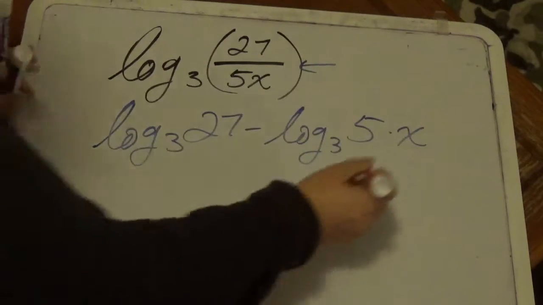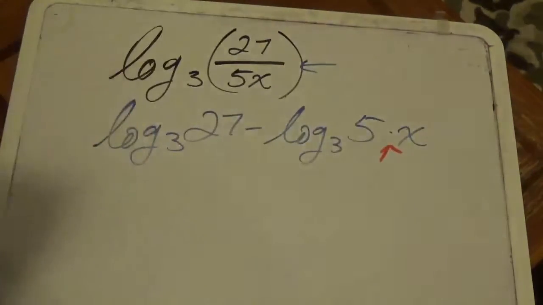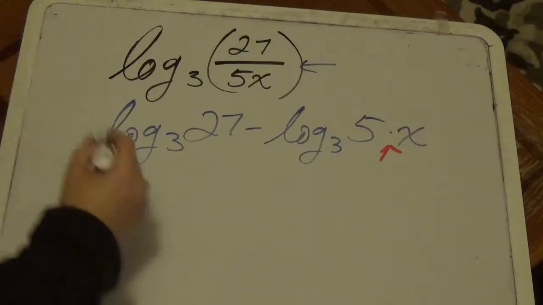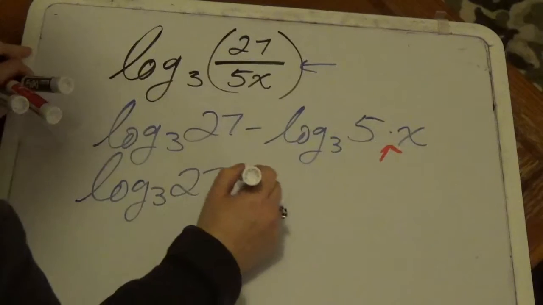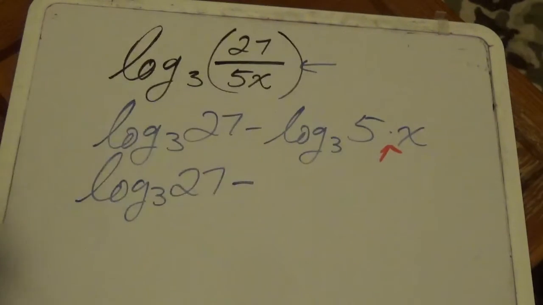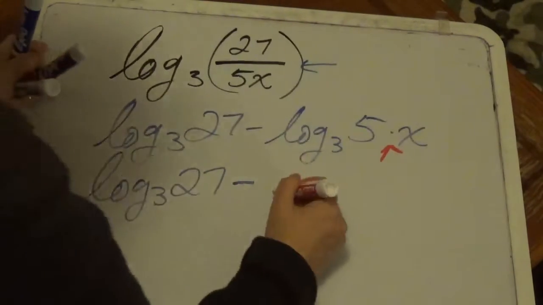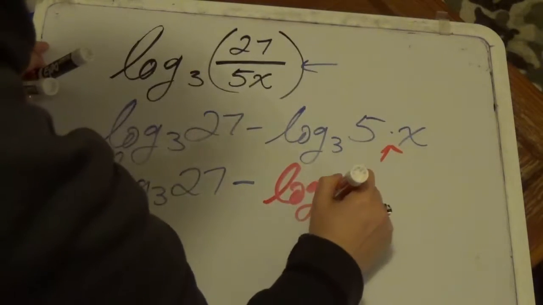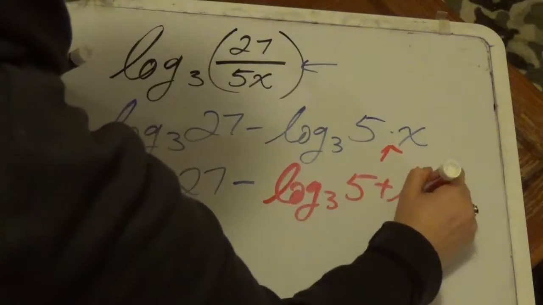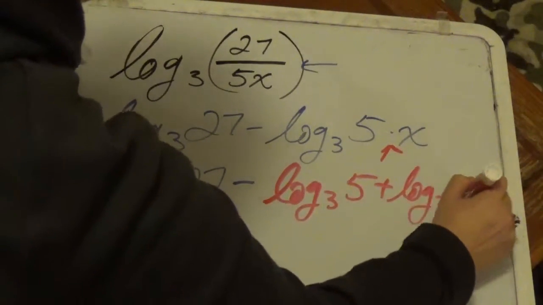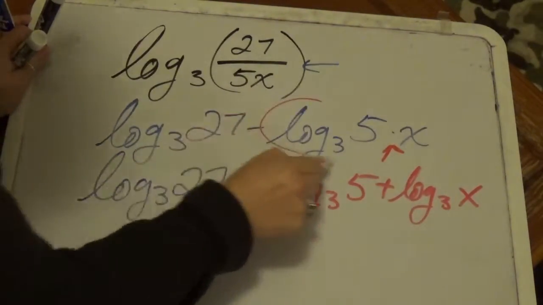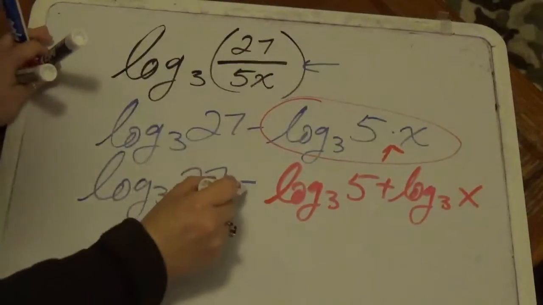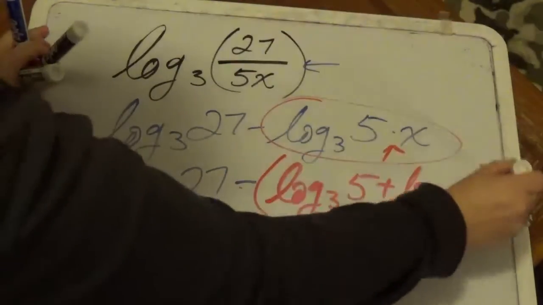Now we'll split the times right there. So we're going to keep the log base 3 of 27 minus, and then this is log base 3 of 5 plus log base 3 of x. Now be careful here, because this subtraction goes to this entire thing.